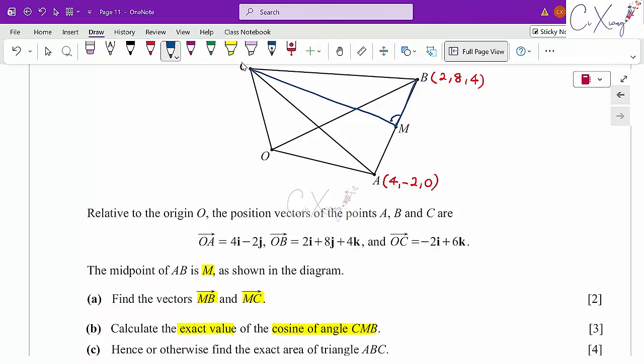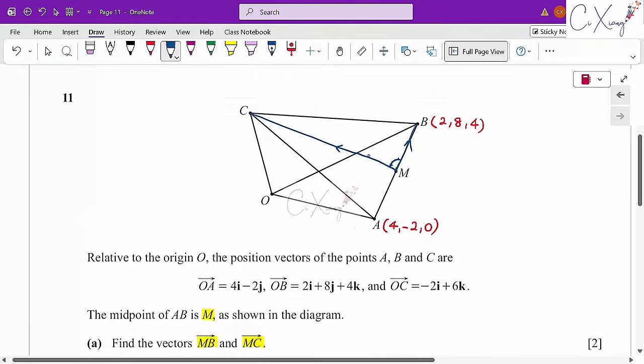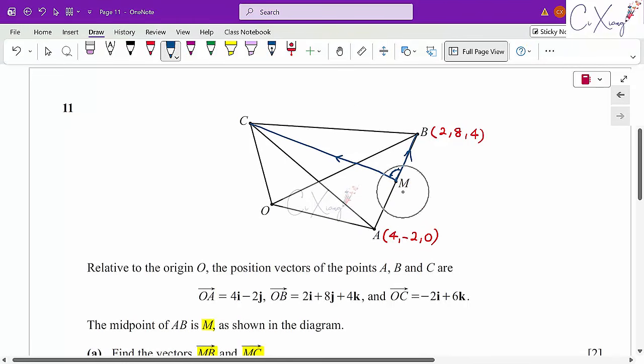Alright, so CMB. To calculate the cosine of the angle here, you need to use the cosine rule, and you have to make sure that both vectors you are using are going out from the angle. So you should be using MC and MB.